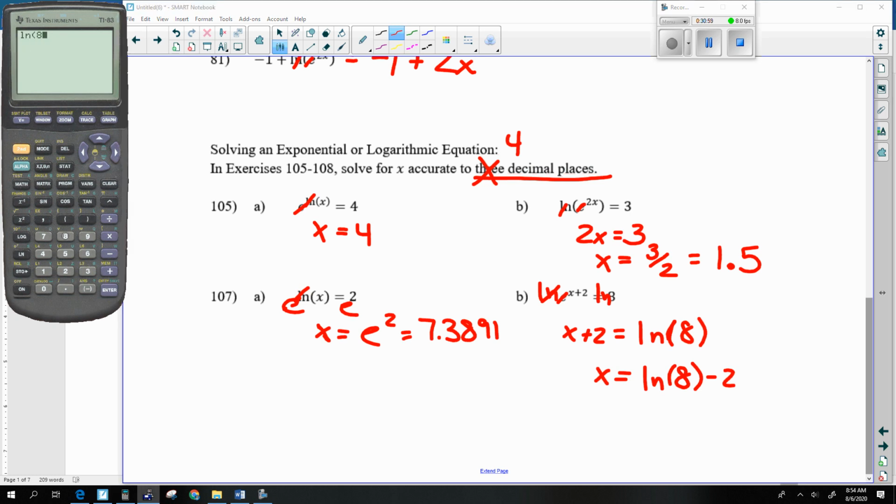So ln of 8, make sure you close that down, so you tell the calculator that I'm only taking the ln of 8, not the ln of 8 minus 2. So the ln of 8, minus 2. 0.794. There it is.